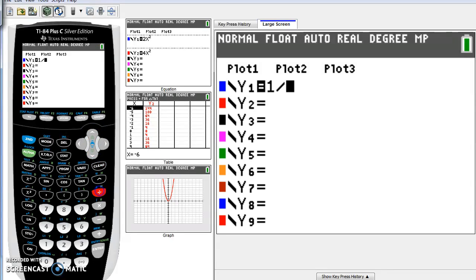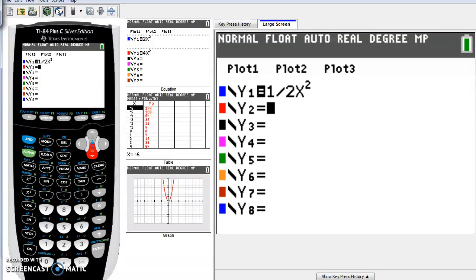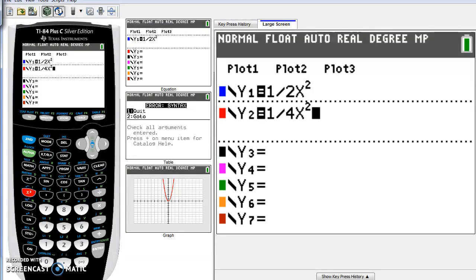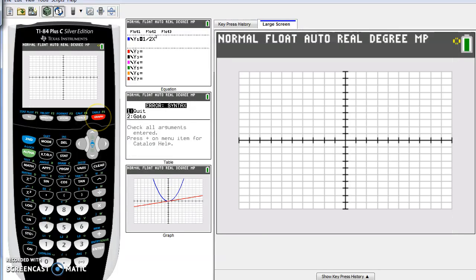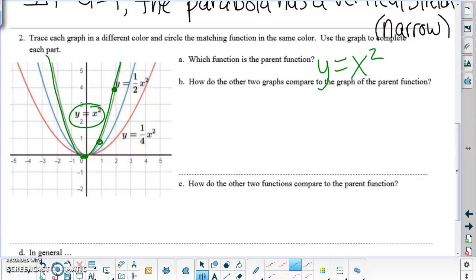Okay, so 1/2 x squared, and then 1/4 x squared, that's a smaller fraction. So they'll graph in the same order. The blue one is 1/2 x squared, and the red one is 1/4 x squared. So the 1/4 x squared is wider.